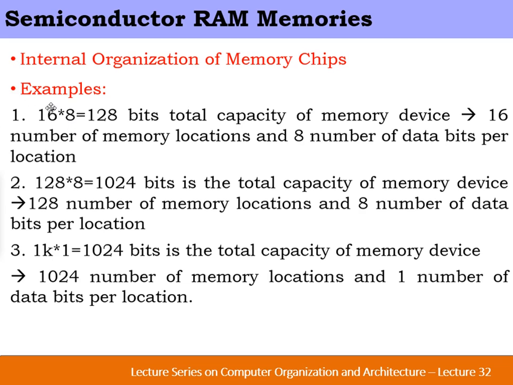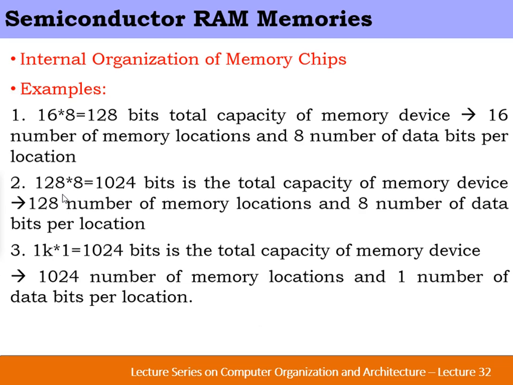This is regarding the total size of the memory. So the first part gives the information regarding the total number of memory locations, and the second part decides how many data bits can be accessed in that particular memory location.